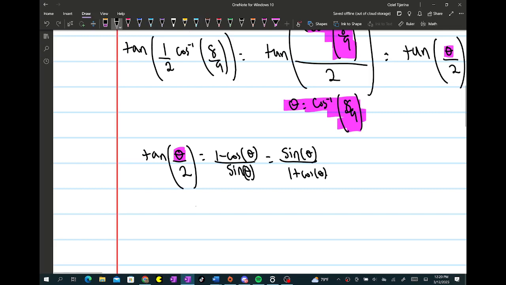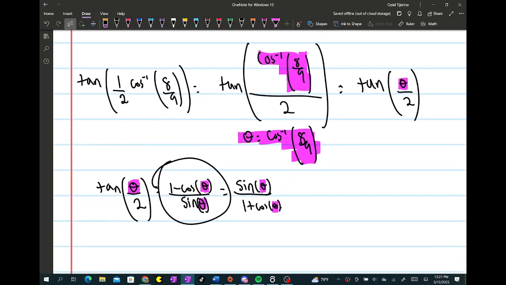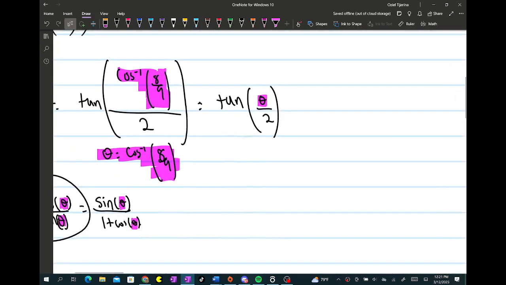It really doesn't matter which one you use in this case, because they're both the same thing. I'm going to use the left part here, and this is what I'm going to plug in for tan of theta over 2.